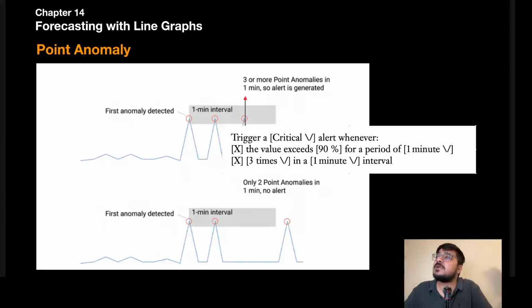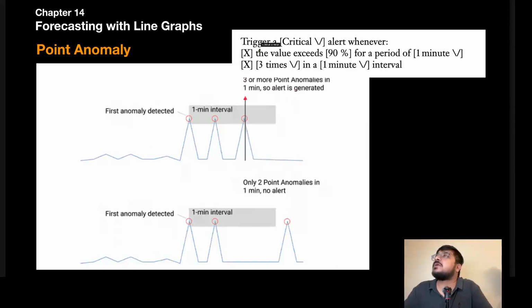I think these are variables you can change: the minutes, and the value, 90, that you can also change. Value exceeds 90% for a period of 1 minute, and three times in a 1 minute interval. Triggering a critical alert whenever the value exceeds 3 times in a 1 minute interval. So these are the conditions.